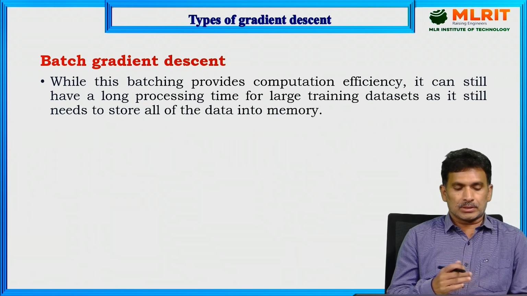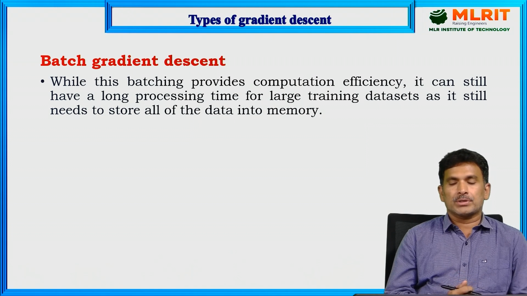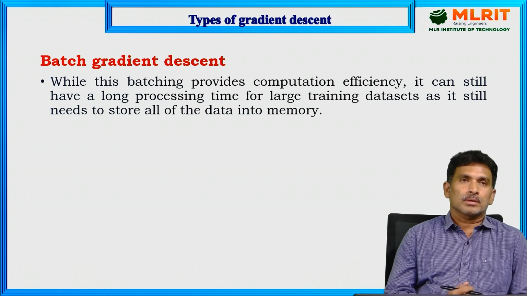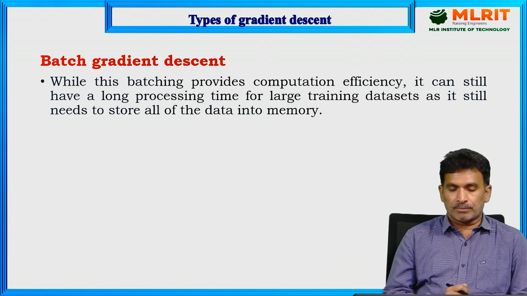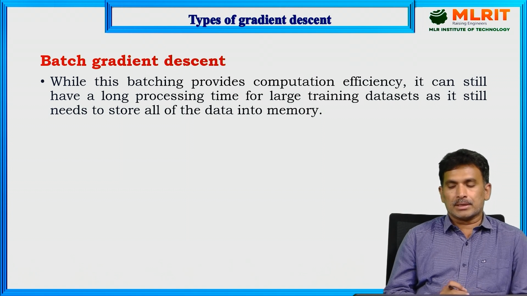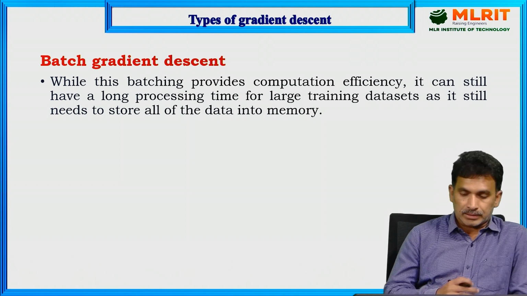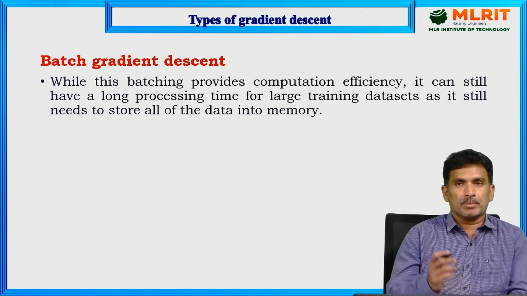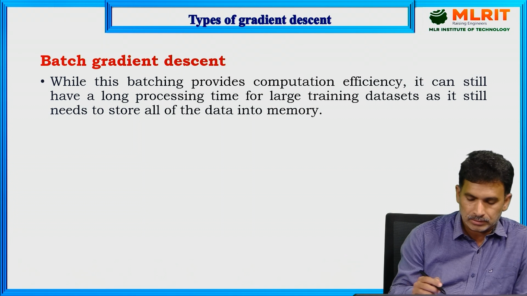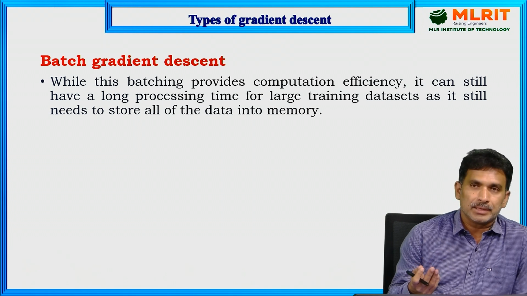So that is batch gradient descent. While batching provides computational efficiency, it can still have a long processing time because it needs to store all of the data in memory, since we have to process all the samples in the data set.